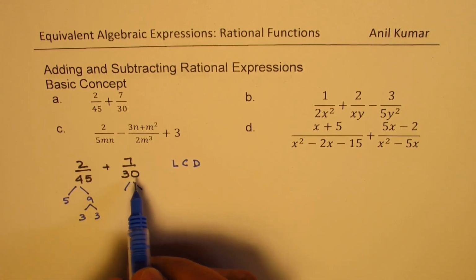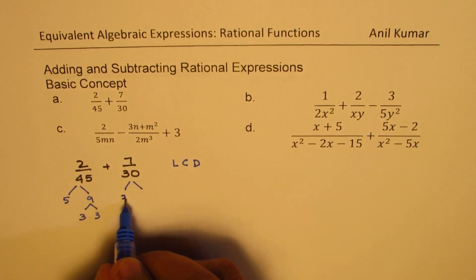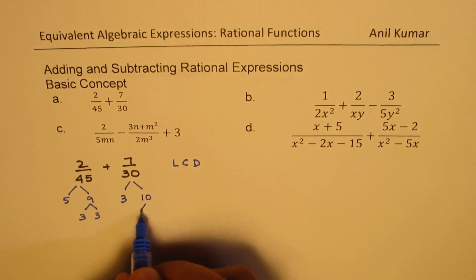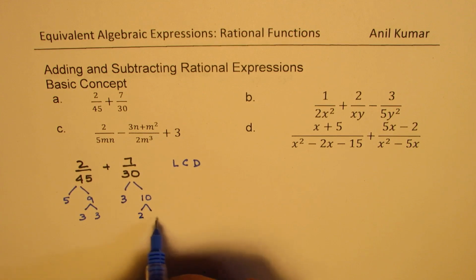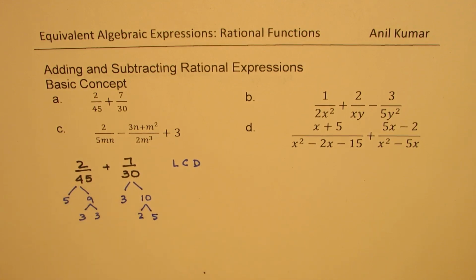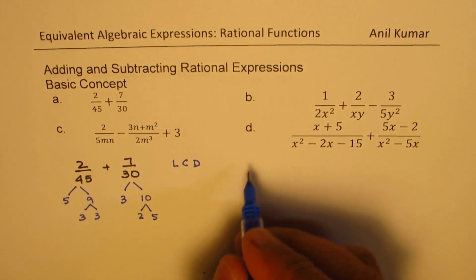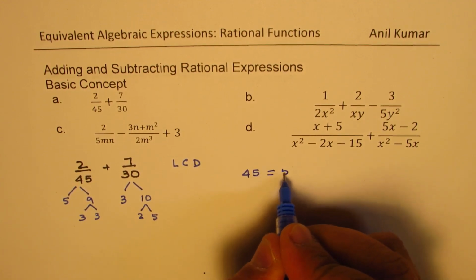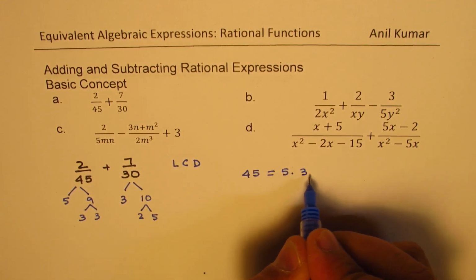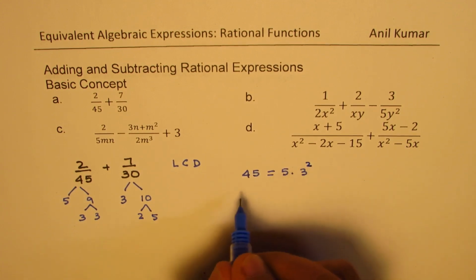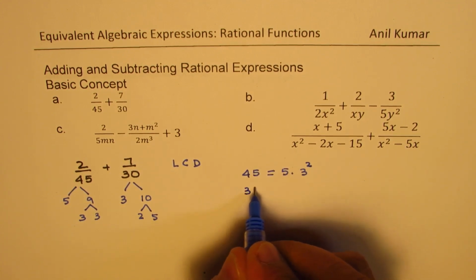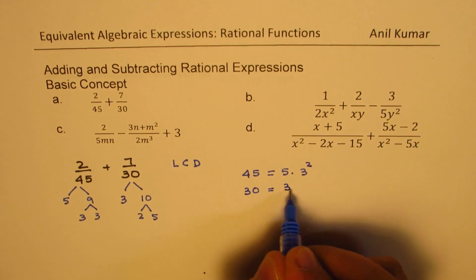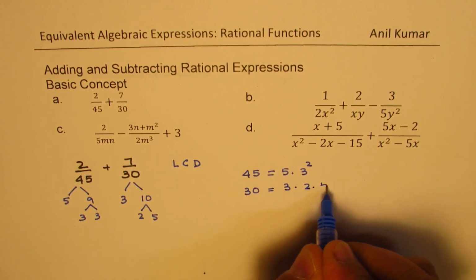As far as 30 is concerned, we could write this as 3 times 10, and 10 could be factored as 2 times 5. Correct? So that means that 45 can be written as 5 times 3 squared, and 30 can be written as 3 times 2 times 5.